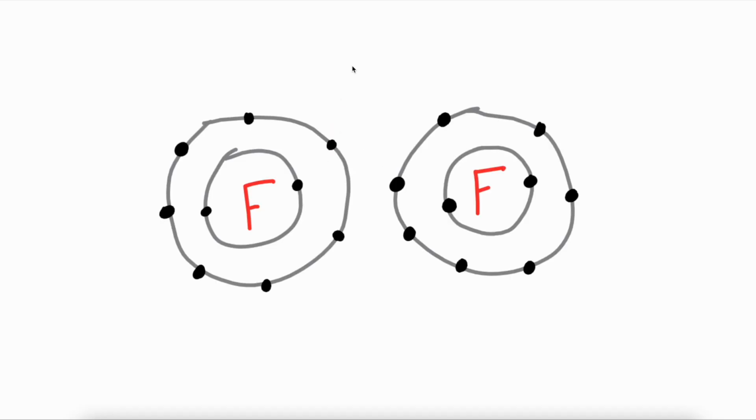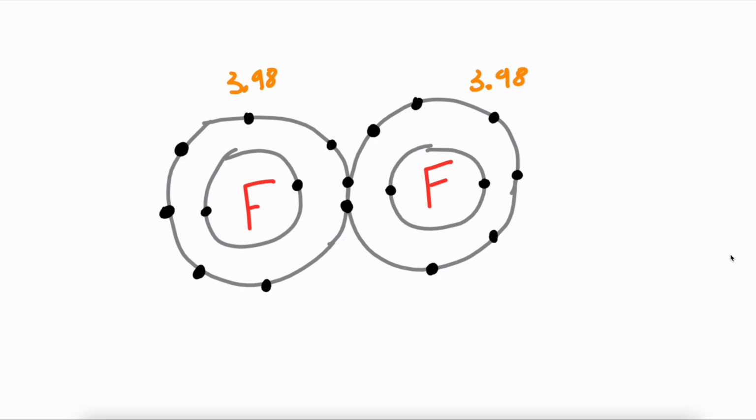Let's do this one last time using the molecule fluorine gas. Both of these fluorine atoms have a very high electronegativity, 3.98 each. If these two fluorine atoms, upon collision with one another, have sufficient energy, they will form a covalent bond. This covalent bond has these two electrons being covalently shared between the two fluorine atoms.